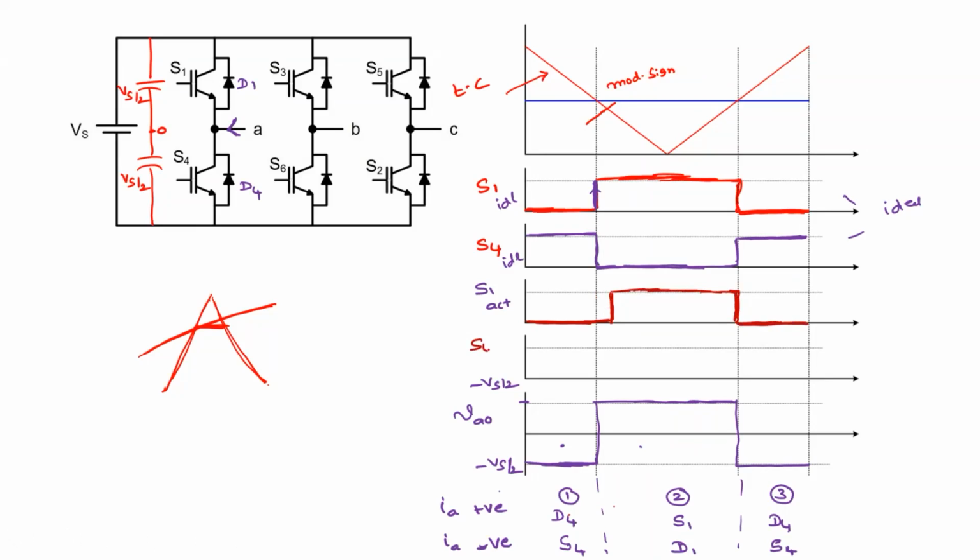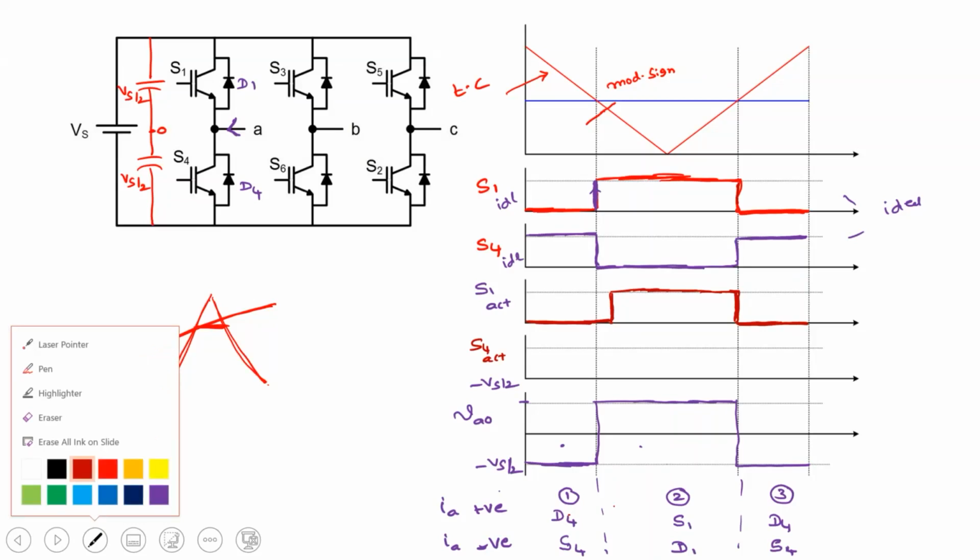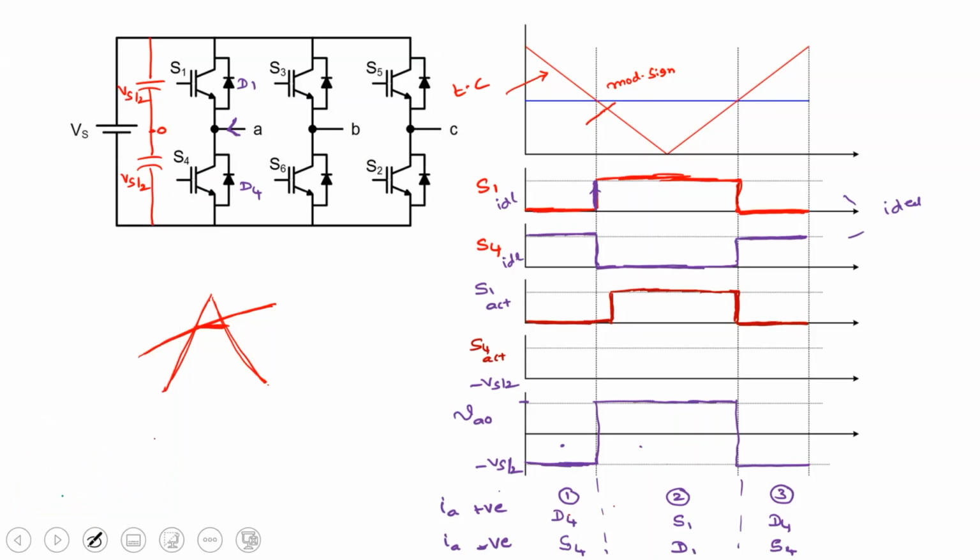Similarly, S4 actual. As we already discussed, the falling edge is as it is, and here it continues to be zero. And here, this is the rising edge. The rising edge is delayed by some time period.